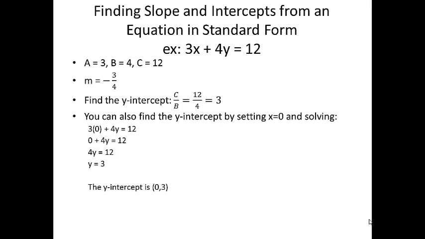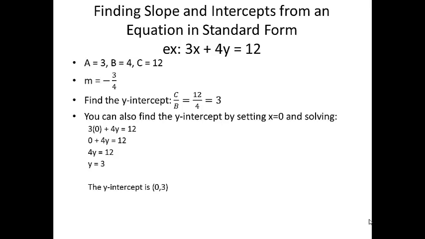Now we're ready to find the y-intercept. We find the y-intercept by writing C over B. In this equation, C equals 12 and B equals 4. So 12 over 4 equals 3. Therefore, the y-intercept is 3.